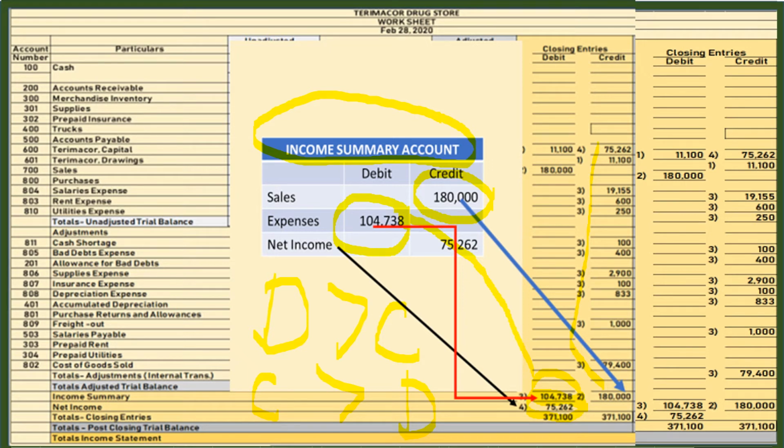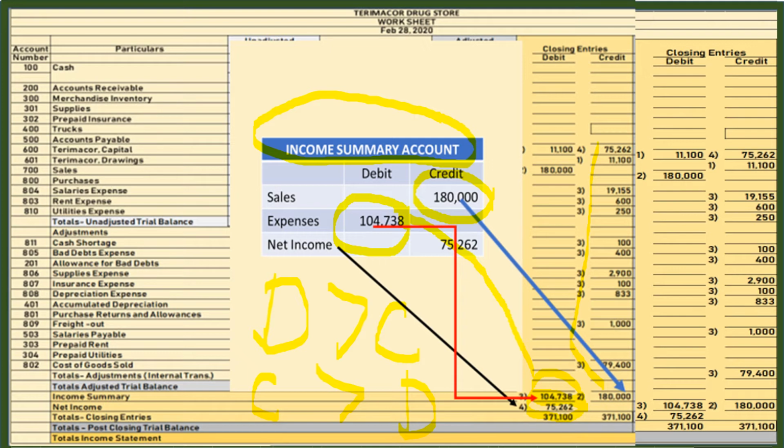So the credit side is heavier, therefore there is net income, because the credit side represents sales, which is the source of income. So the 75,262 here represents net income.